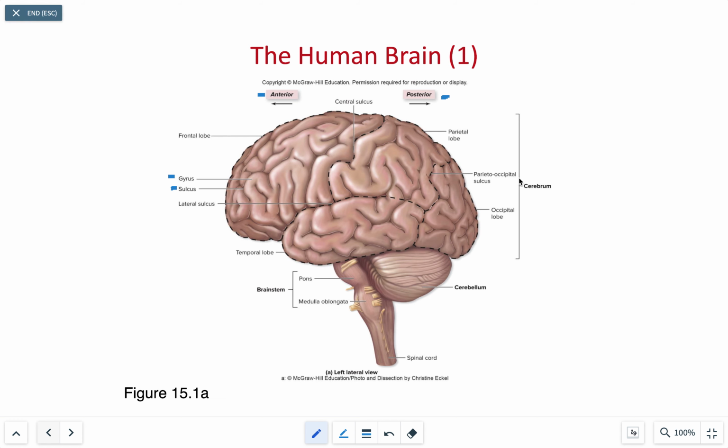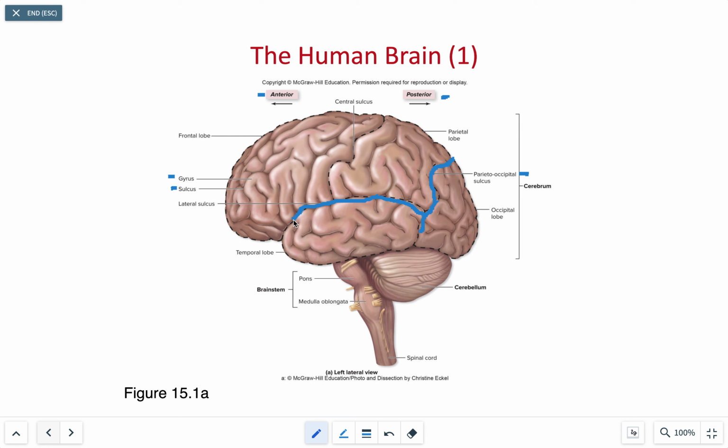The first area where we see a deeper sulcus is the region called the parieto-occipital, which extends down. This is simply a deeper sulcus, or a groove in the surface of the brain, that separates the occipital from the parietal. The next one is the lateral sulcus.